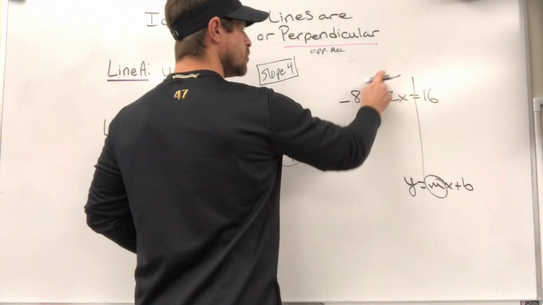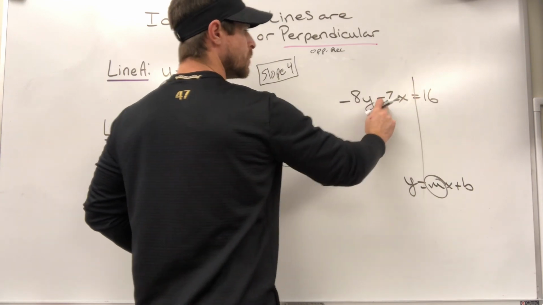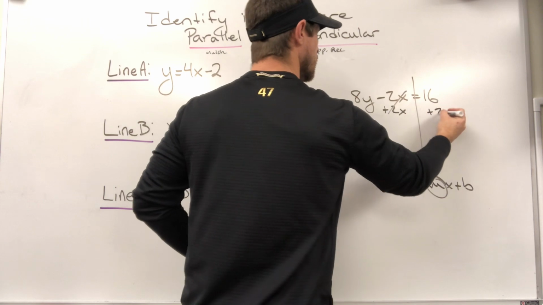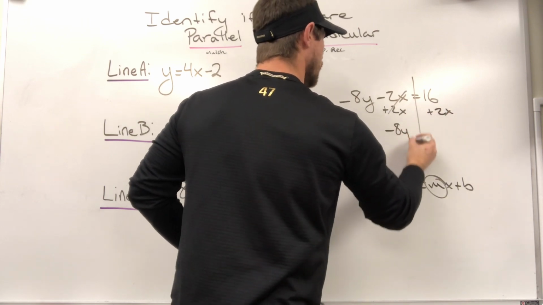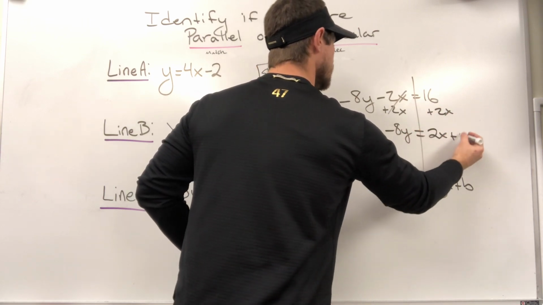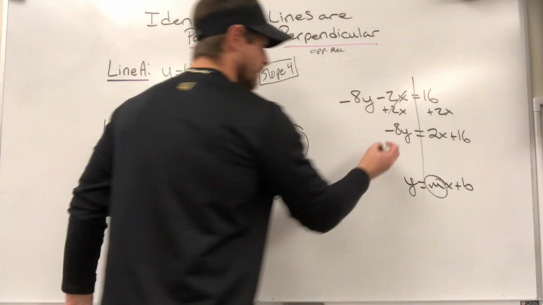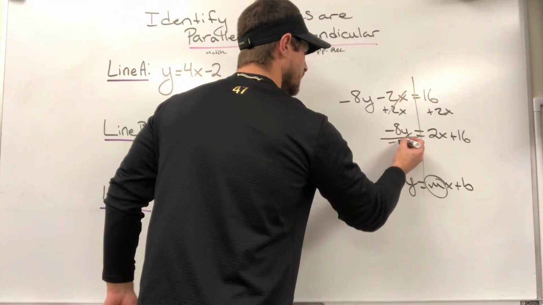Let's get this -2x to push to the other side, so we're going to inverse operate, cancels. Now I've got -8y equals 2x plus 16. Let's get rid of the -8 through inverse operation. Divide by -8, cancels.